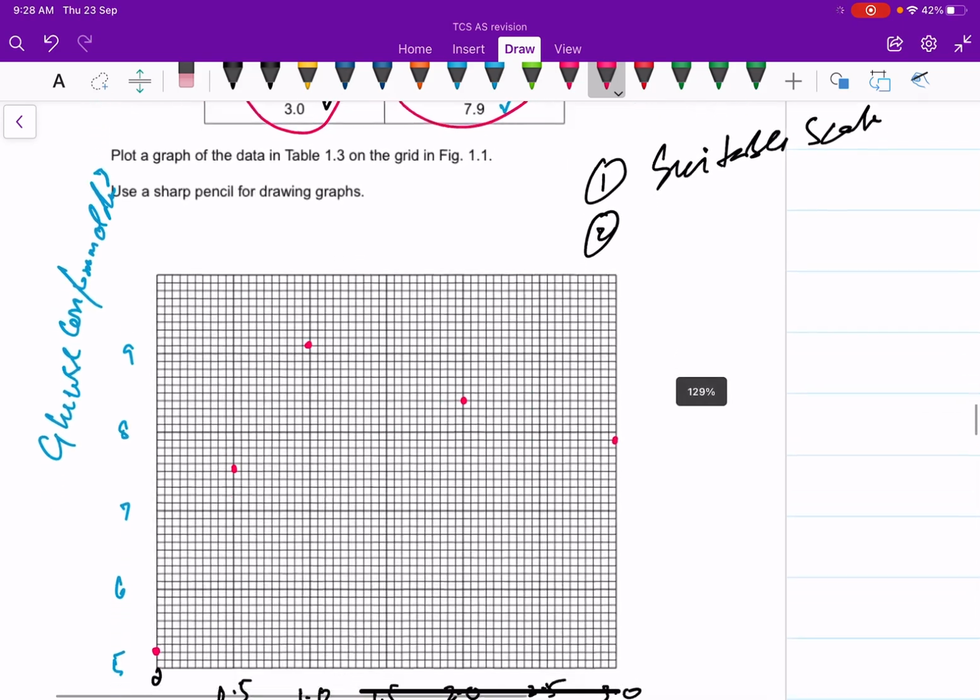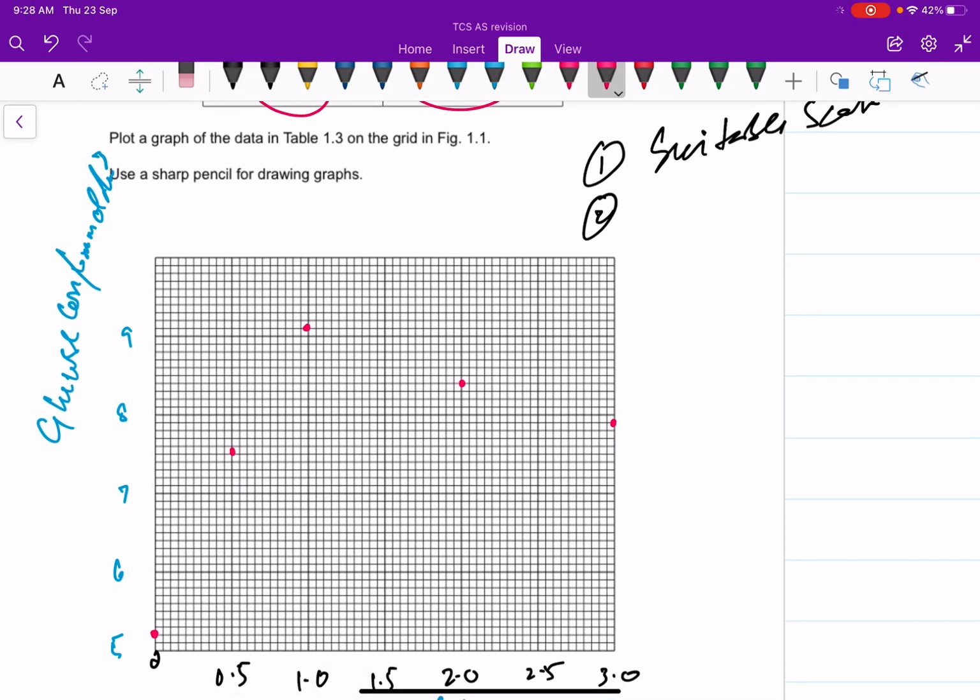Now what you have to do is you can make a ruled line. You should circle these. Okay, and then with the help of a ruler, or you can join these with free hand, so that's fine, both ways. So I'll join these lines.